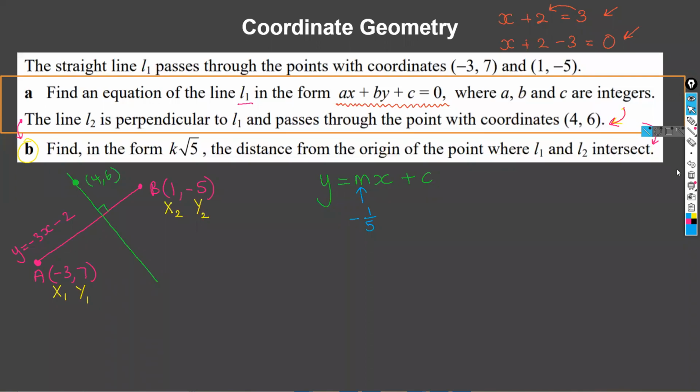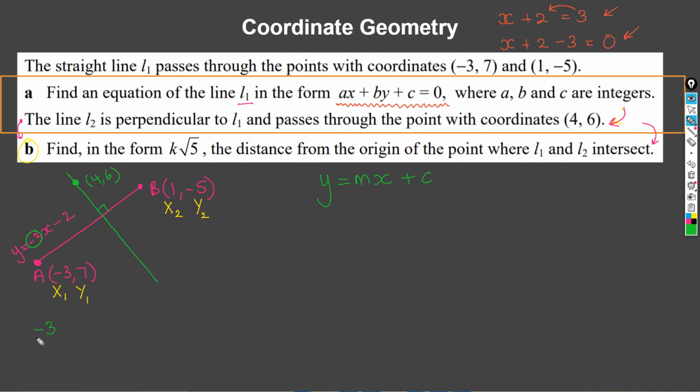So, right, when you have a line and they are perpendicular, to find the gradient of a perpendicular line, all you have to do is take the gradient of the first line and you find something called, I believe the fancy term is the negative reciprocal, which means, or all it means is that if the gradient of this line is minus 3, to find the gradient of this line, all we have to do is flip this and change the sign.